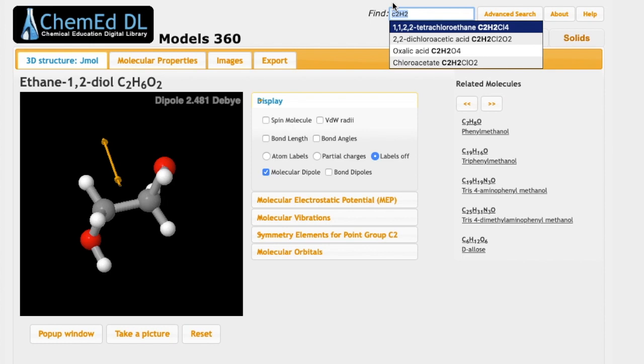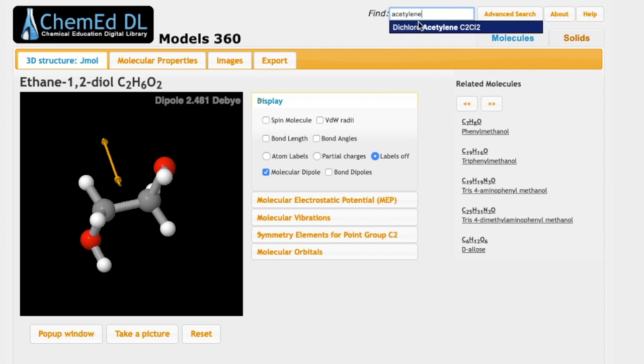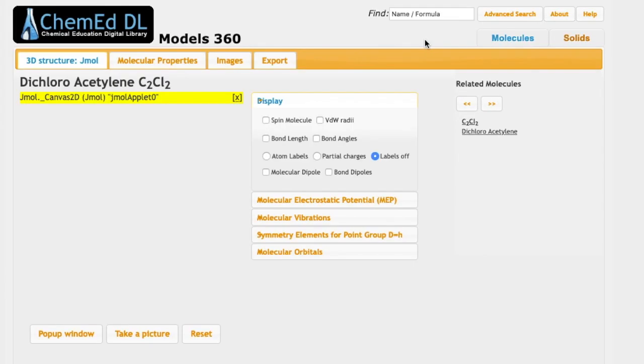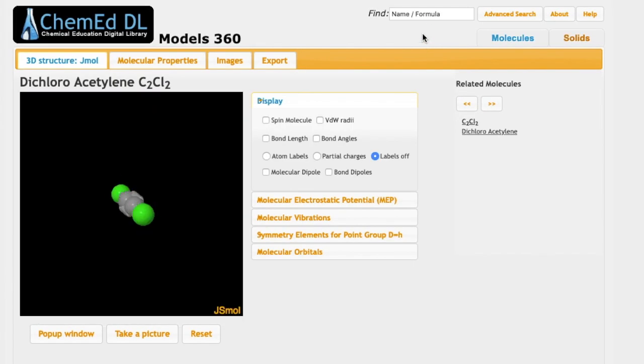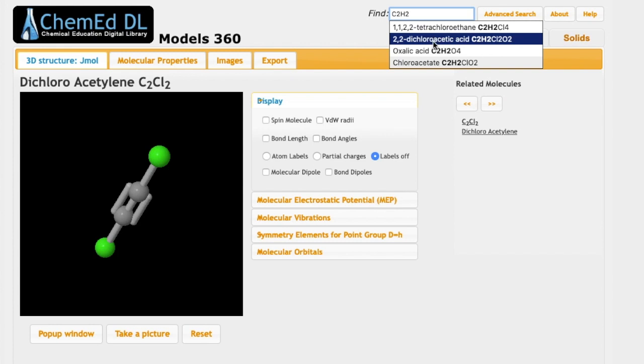Maybe I put in acetylene. Here it is, right? No. C2H2. It looks like that particular chemical isn't in this library.